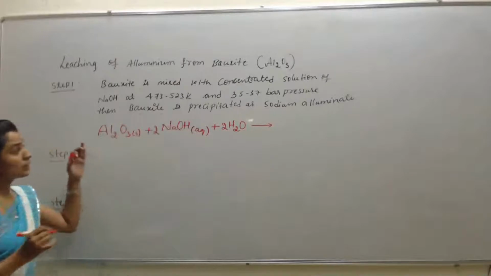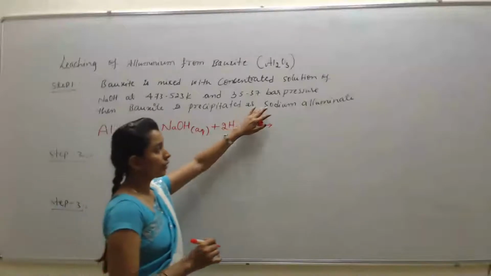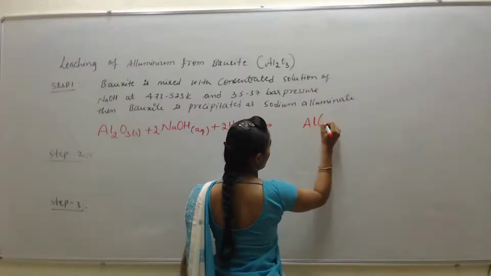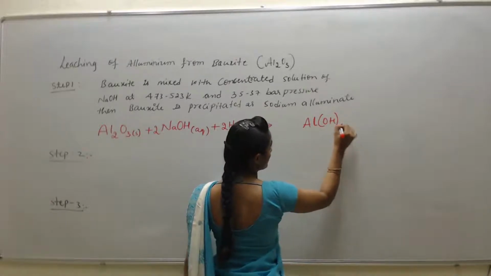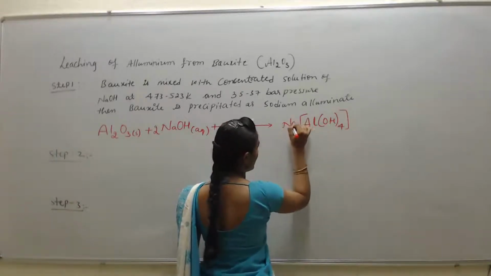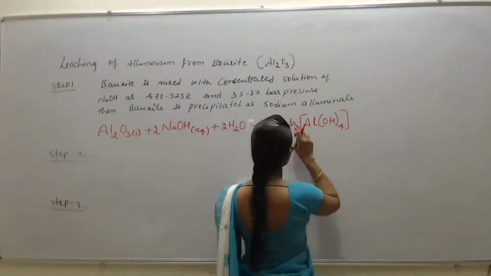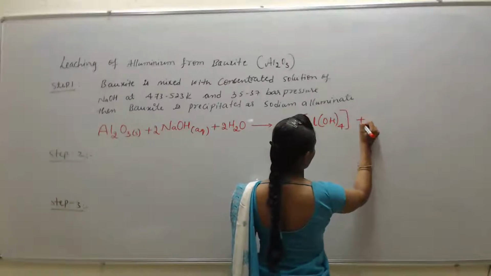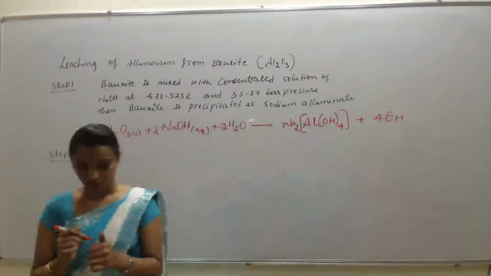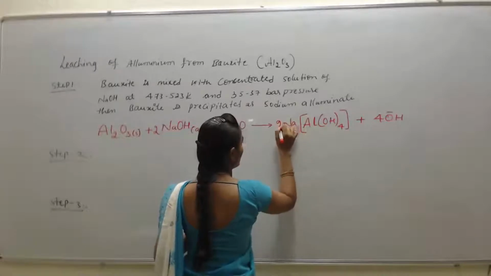Then what happens? This is precipitated as what? Sodium aluminate. Aluminate means Al(OH)4 ion. Sodium aluminate means Na plus Al(OH)4 minus. It is not Na2.